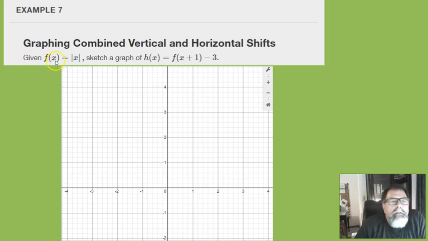So given f of x equal to absolute value of x, again, that's one of our toolkit functions.